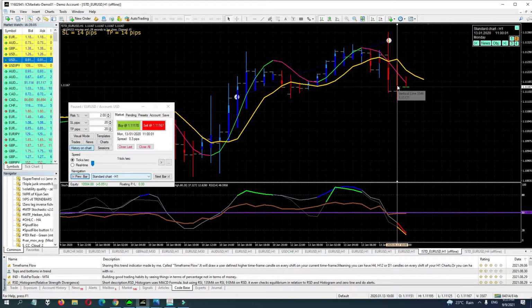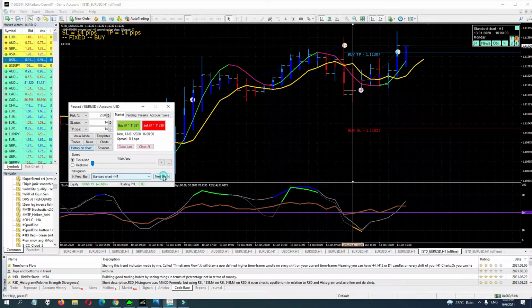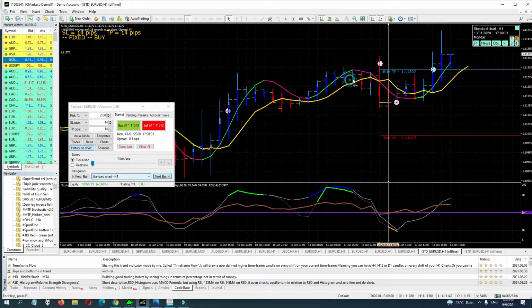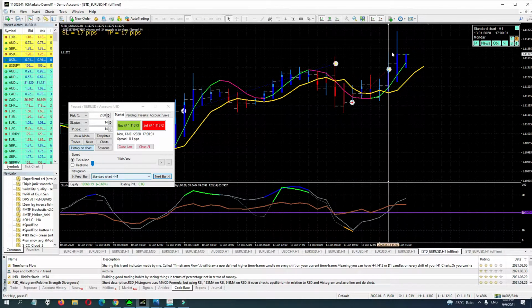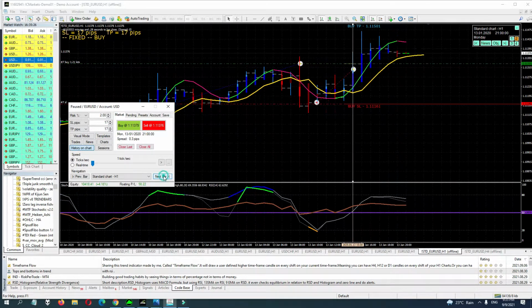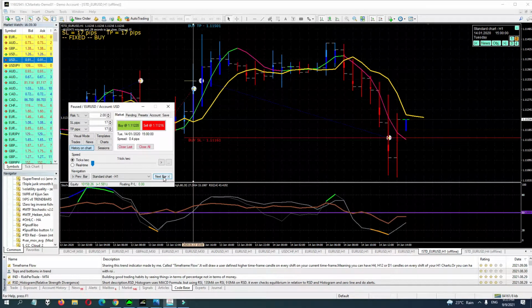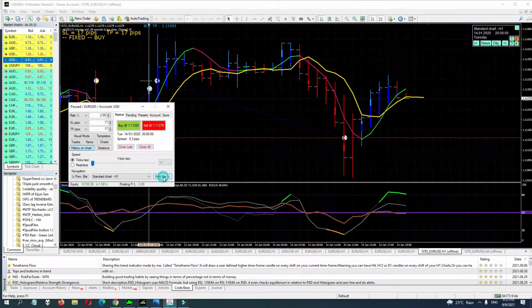Okay, this is the first time it crossed, so you enter sell. Okay, got stopped. Cross again. Yes, everything aligned, so you enter here. Okay, hit our stop loss.